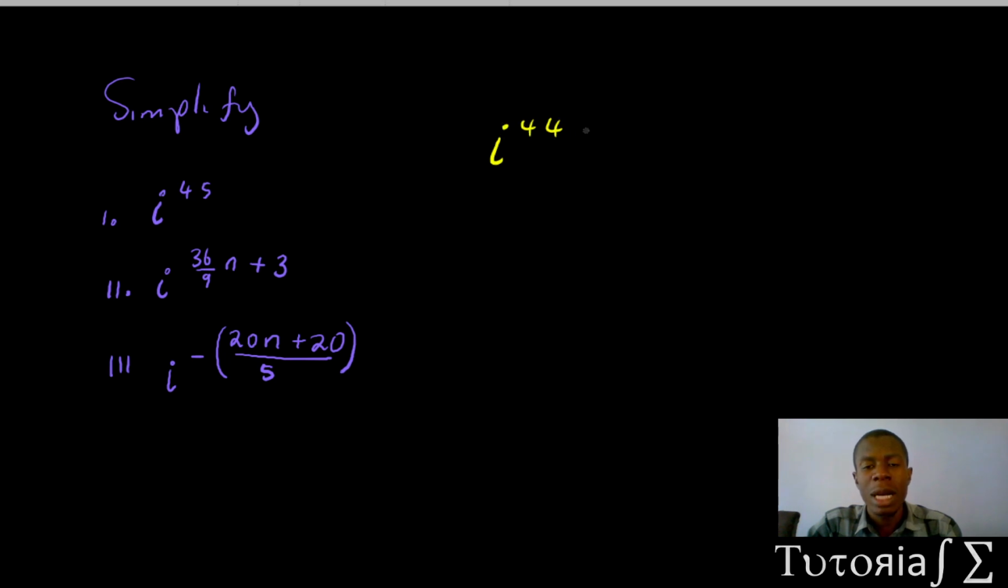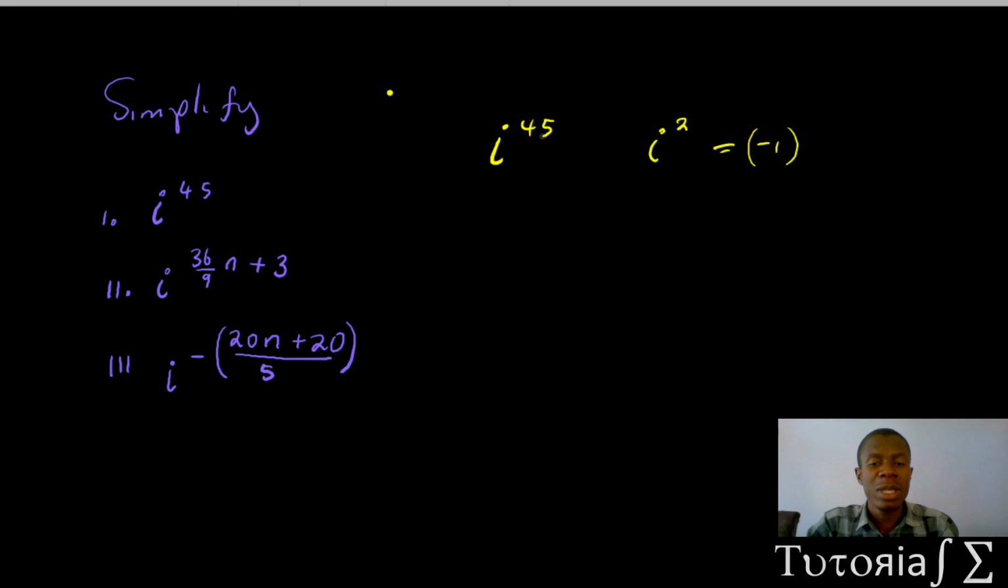How I want you to think about this is to introduce i to the power 2, so that you say i to the power 2 is equal to -1 and you can simplify further.